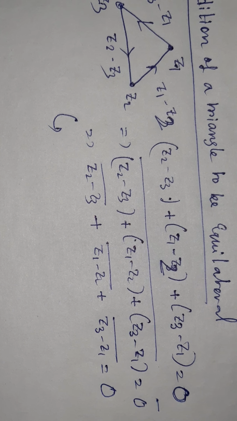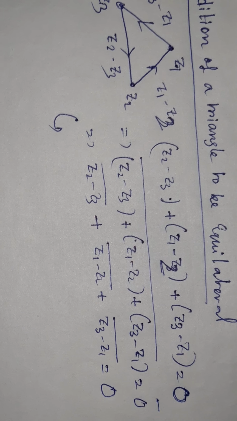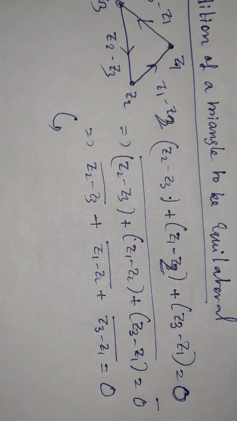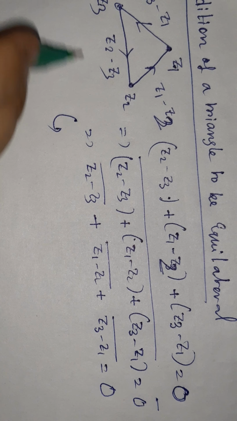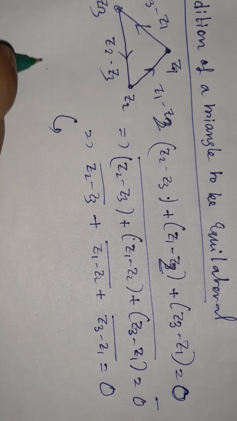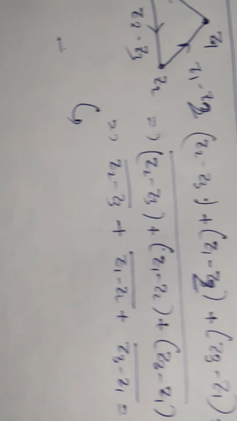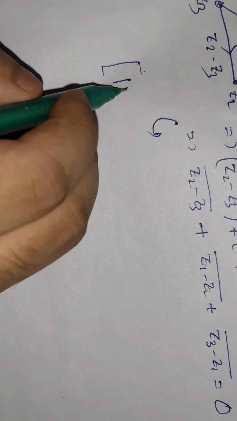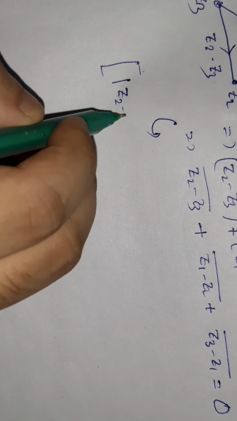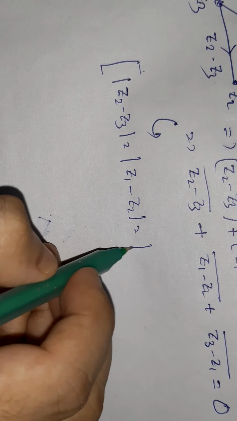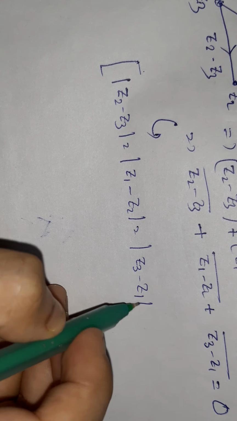The speciality of an equilateral triangle is that all its sides are the same. So the magnitude, or modulus, of the vector z2 minus z3 is equal to that of z1 minus z2, which is equal to that of z3 minus z1.